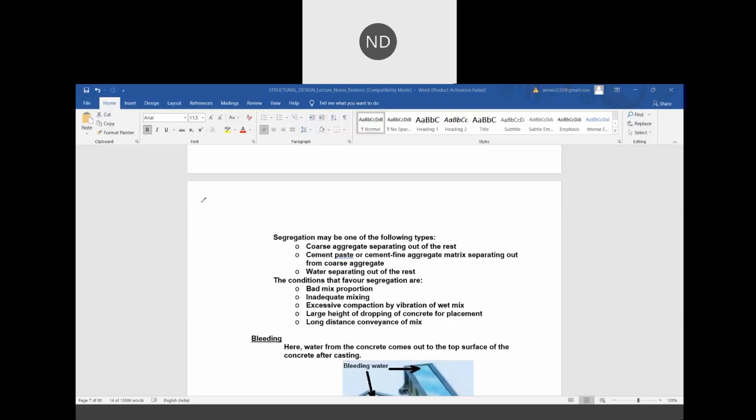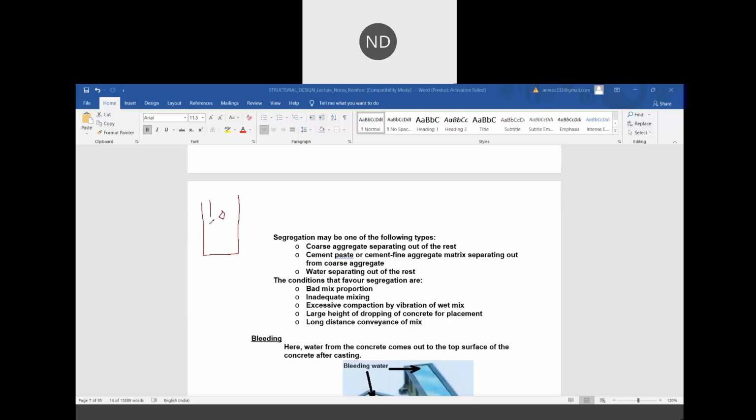Suppose you have a material. This is your material. Suppose this is a column. So this is obviously made up of what?